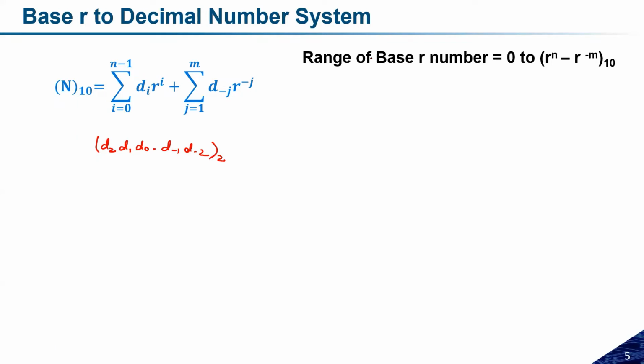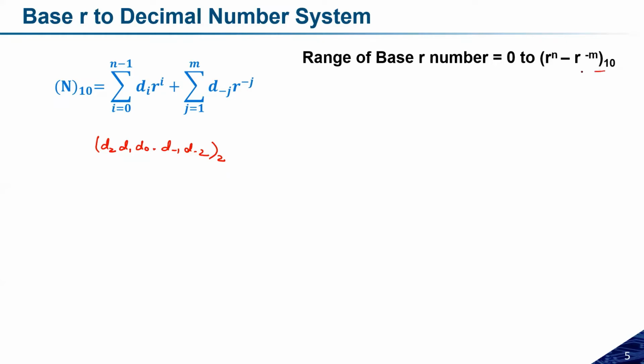Considering this formula, we have to understand what the range is. This slide is really important, because sometimes you need this kind of thing. The range of a base r number is always from 0 to r to the power n minus r to the power minus m, with base 10.